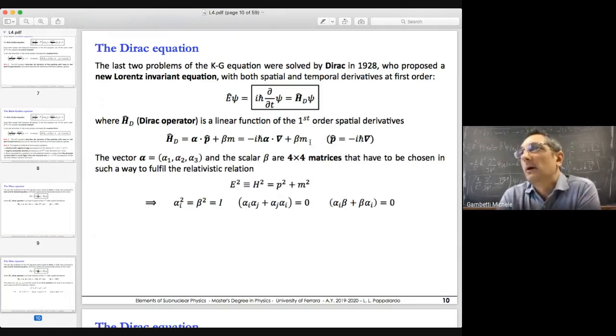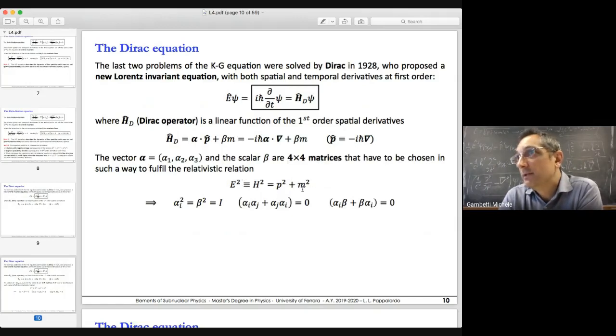Now, let's see more about these parameters. This is a vector, so it comes with three components, and this is a scalar. And now, in order for everything here to make sense, these objects, so alpha 1, alpha 2, alpha 3, and beta, have to be 4 by 4 matrices. So not just numbers, but 4 by 4 matrices. And these matrices have to be chosen in such a way as to fulfill the relativistic relation between energy, momentum, and mass.